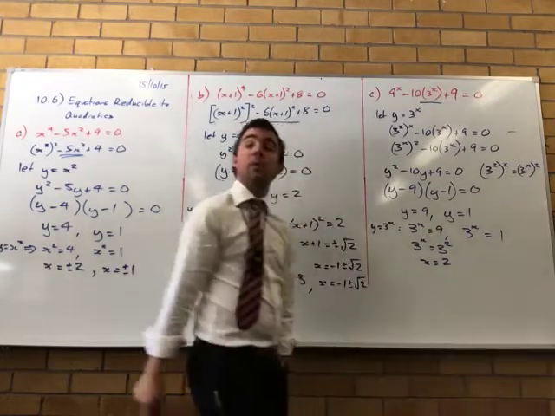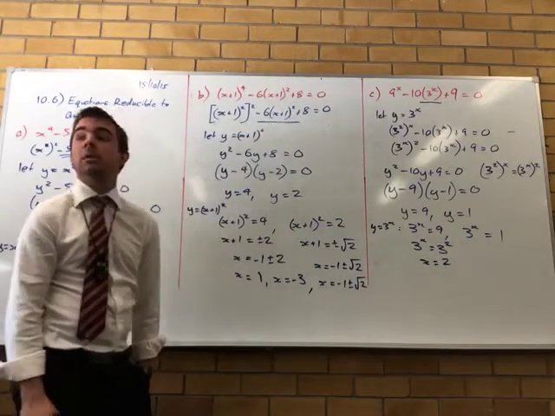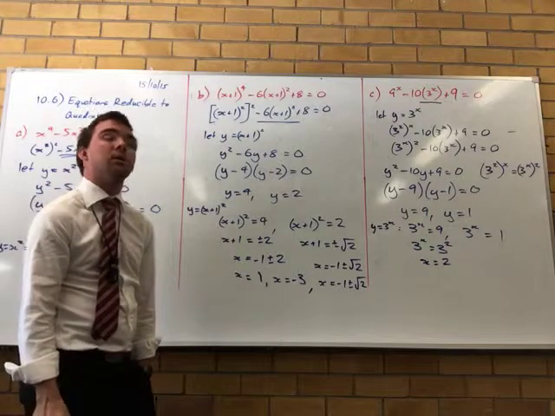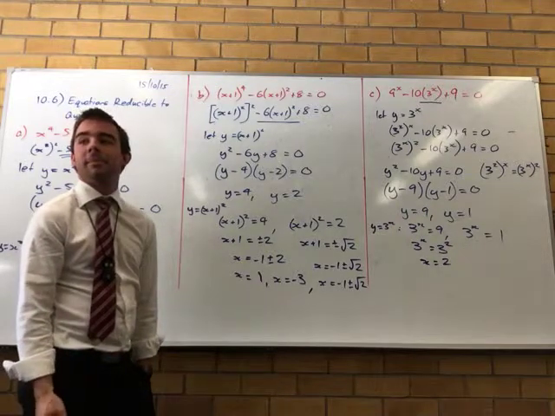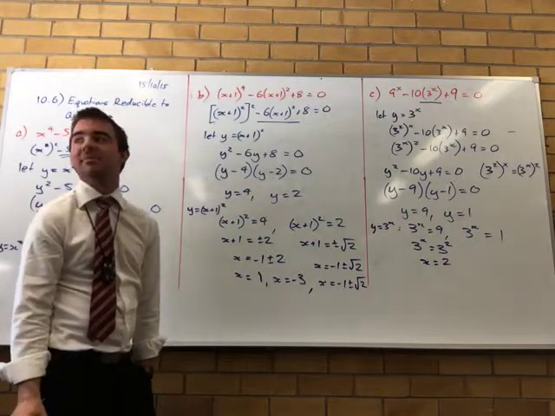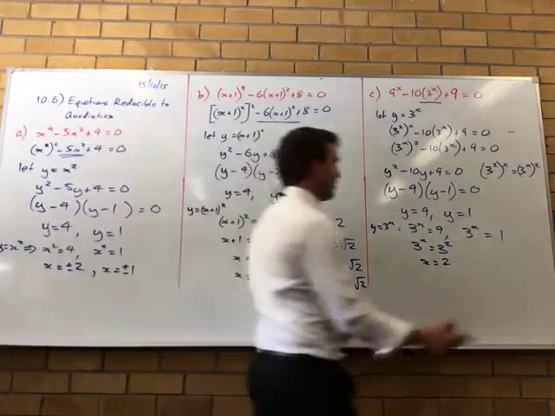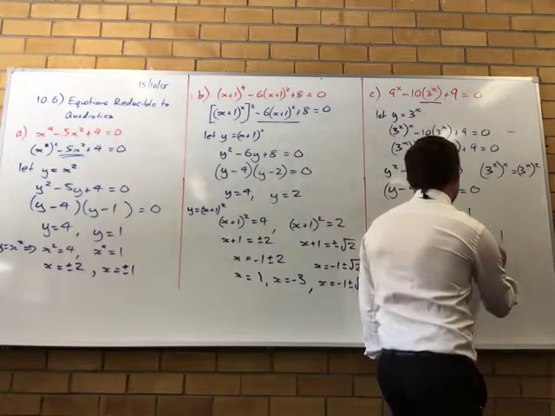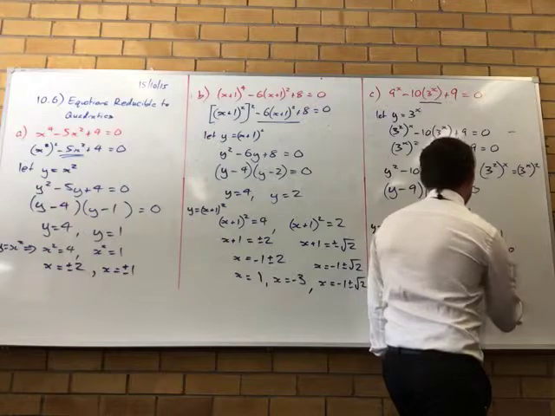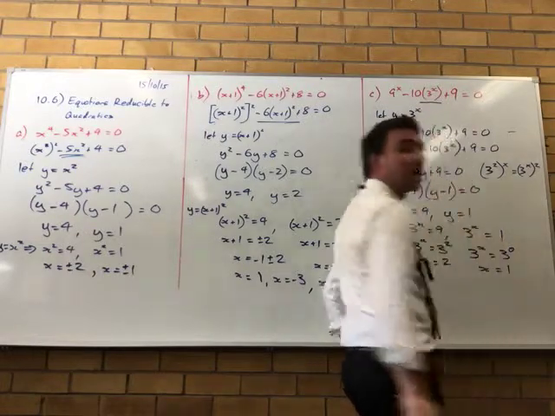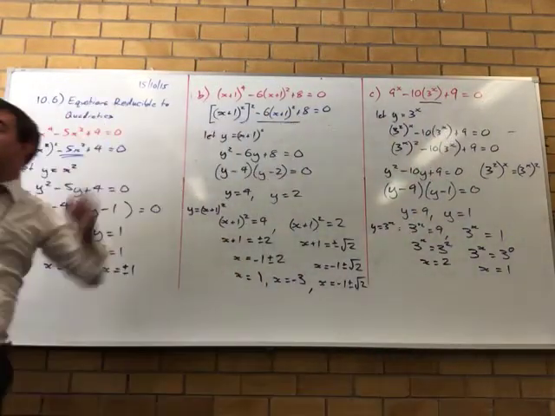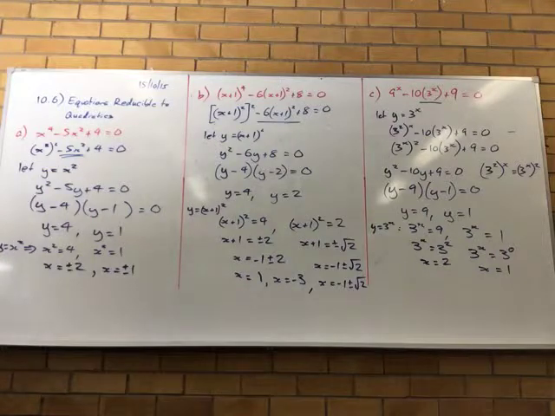Okay, 3 to the power of what equals 1? Okay, any number except for 0 to the power of 0 is equal to 1. 0 to the power of 0 is undefined.